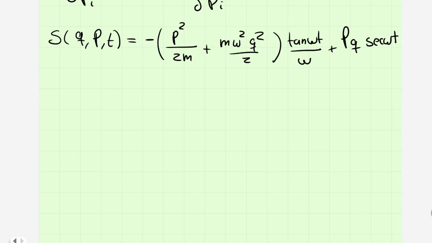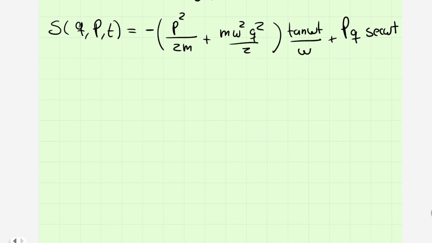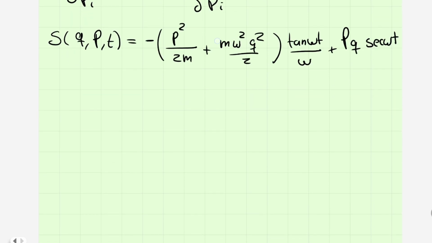Again, we made a video where we showed that this is a solution for the Hamilton-Jacobi equation for the harmonic oscillator. So we are going to propose a function that depends on pi and pi tilde, of the form P squared divided by 2m omega tangent of P tilde.